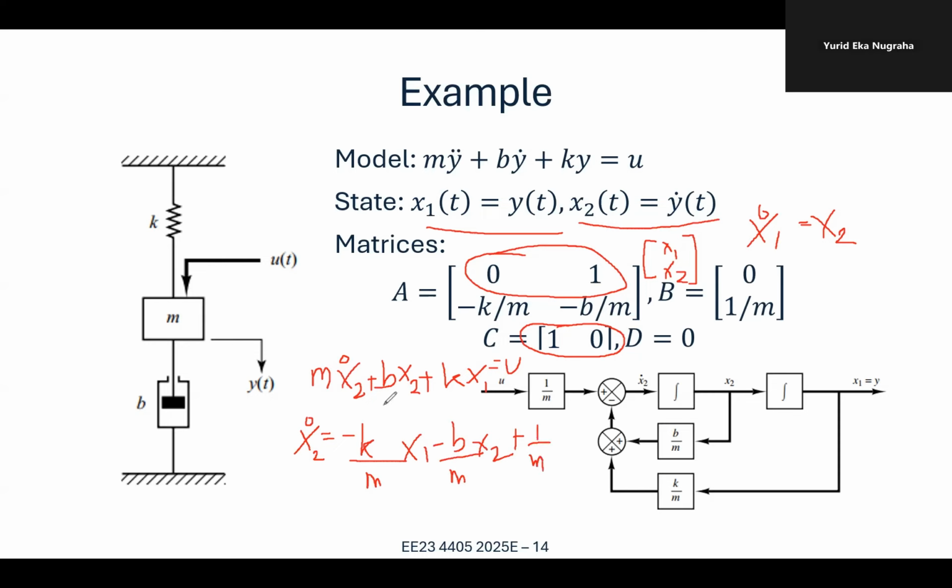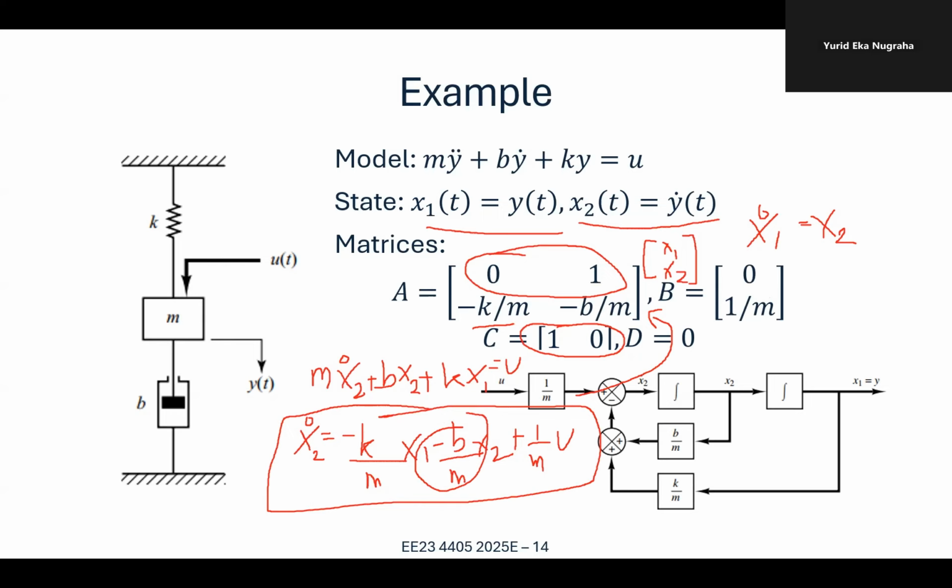So we can arrange this with the matrix like this. The first column would be minus k over m, the second column would be minus b over m, and 1 over m would be the second row of the vector b. So that's the state space representation of this.